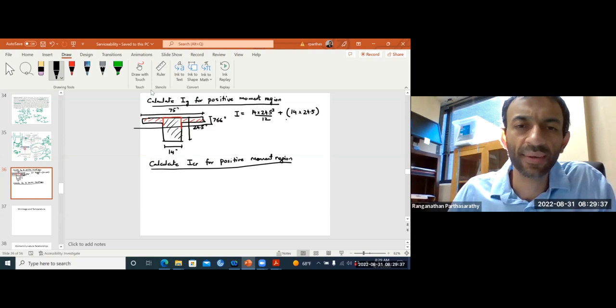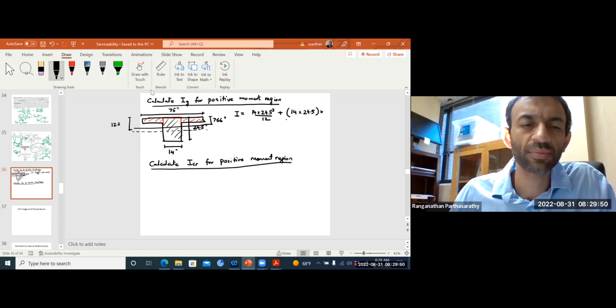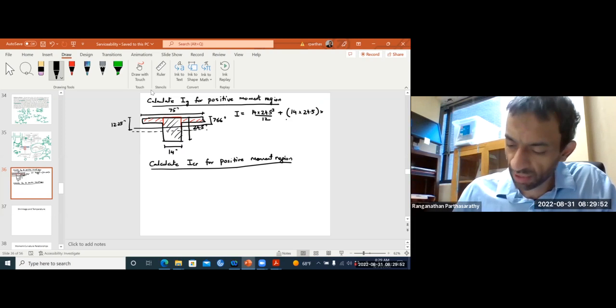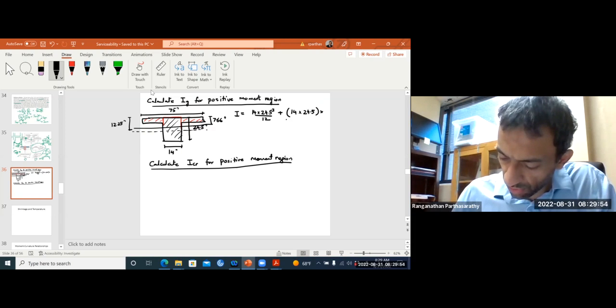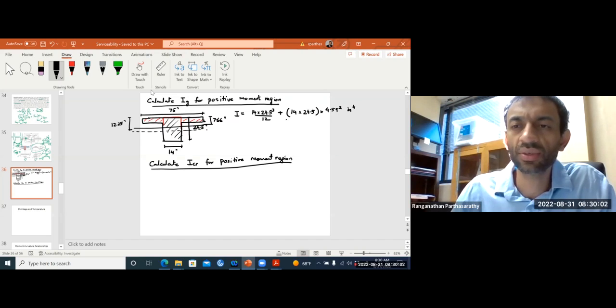This is area times the distance. Your centroid for the rectangle is exactly in between, 12.25. So your separation is 12.25 minus 7.66, that is 4.59 for D squared.